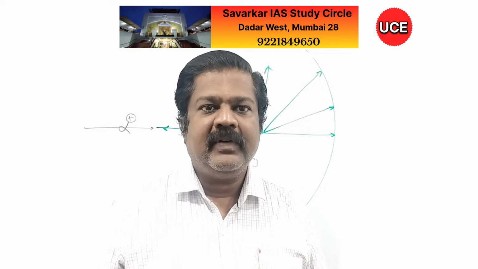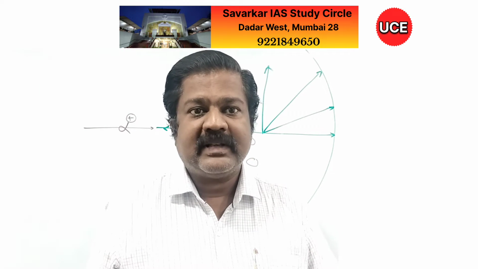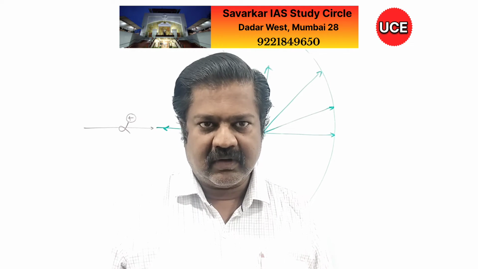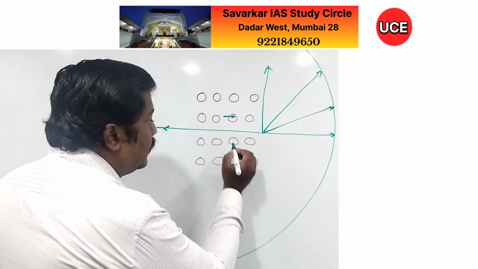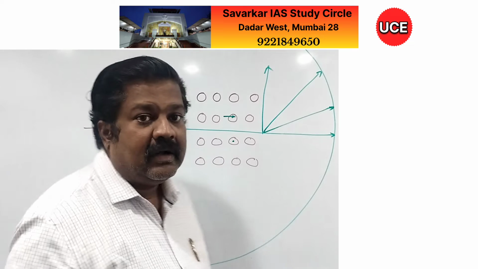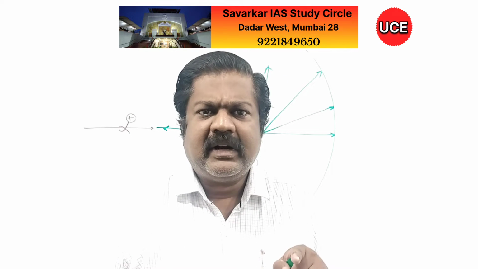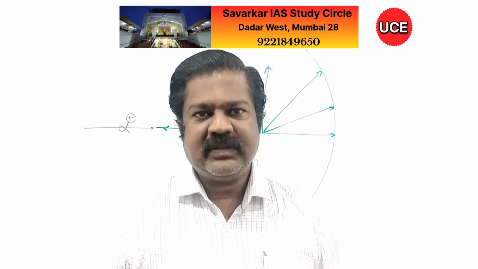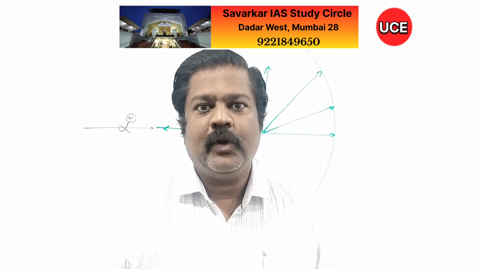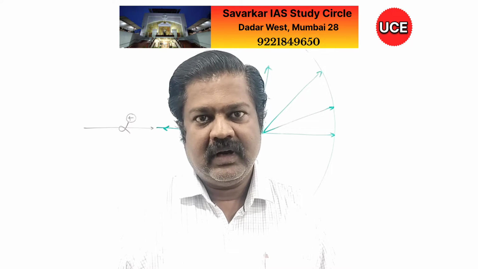When the atom is hollow, where is the mass of that atom? All mass is concentrated at the center, according to him, because alpha particles are heavy particles. They travel with very high speed, say 3000 km per second.